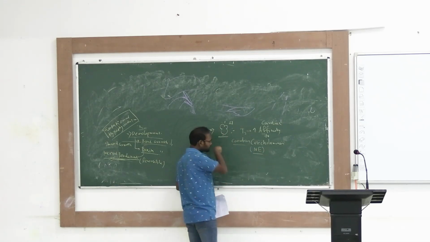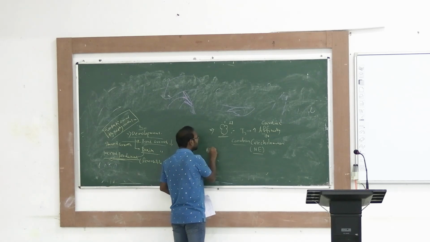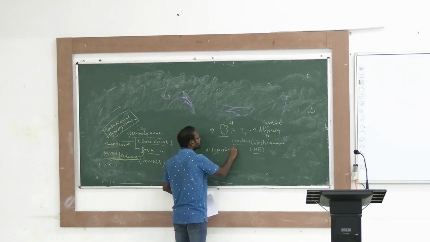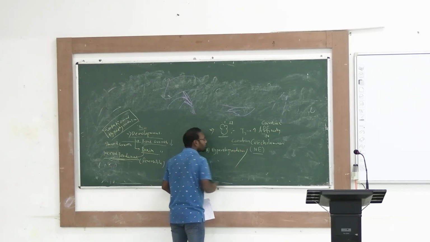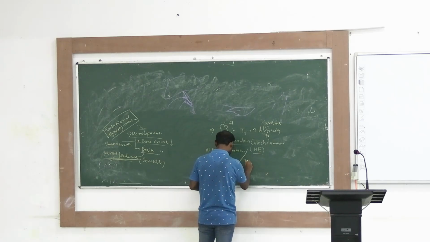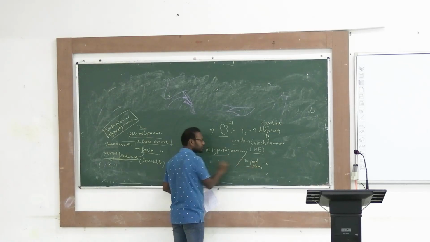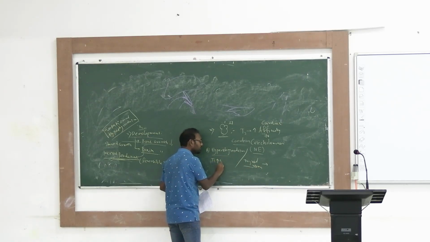Now, during hyperthyroidism or in case of thyroid storm, what will happen? The thyroid hormone level, T3, is too high.